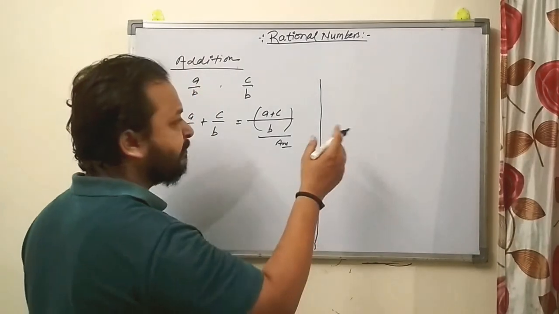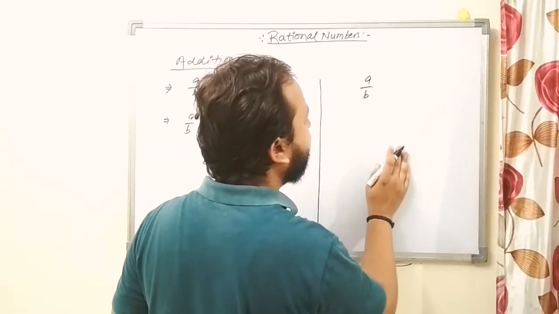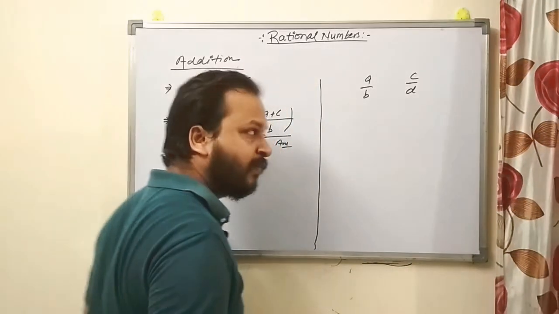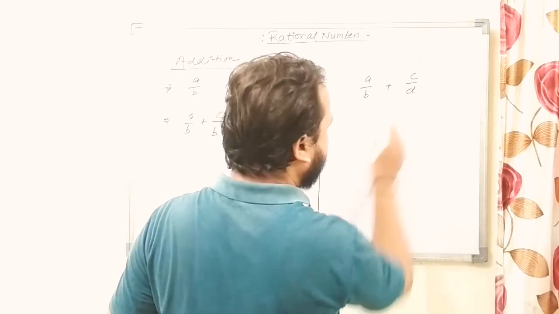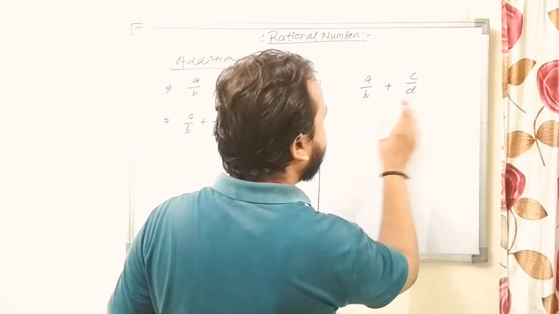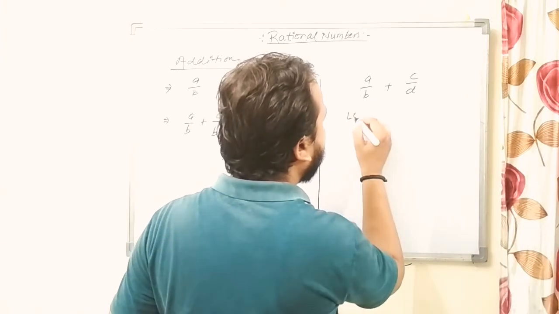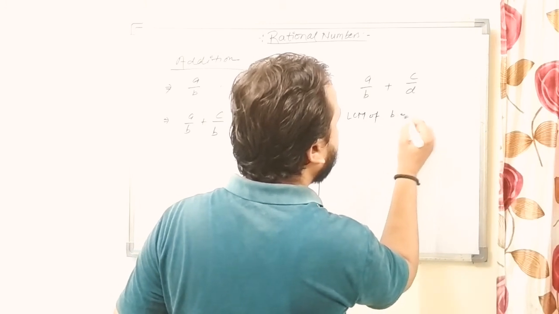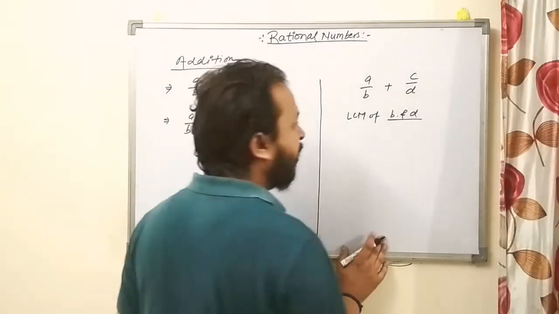And in the second case, if one rational number is given by a by b and the second rational number is given by c by d, and we have to add these, we have to take the LCM of b and d, means the different denominators.